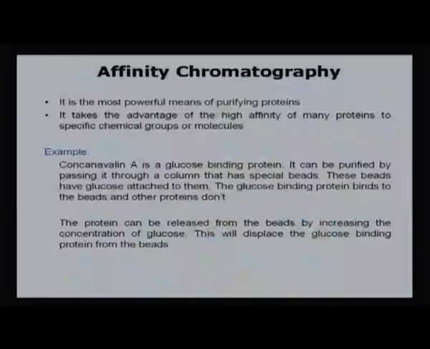Now, as I have told you earlier, affinity chromatography is a big umbrella, and it is the most powerful means of purifying proteinaceous molecules. It takes advantage of the high affinity of many proteins to specific chemical groups or molecules.